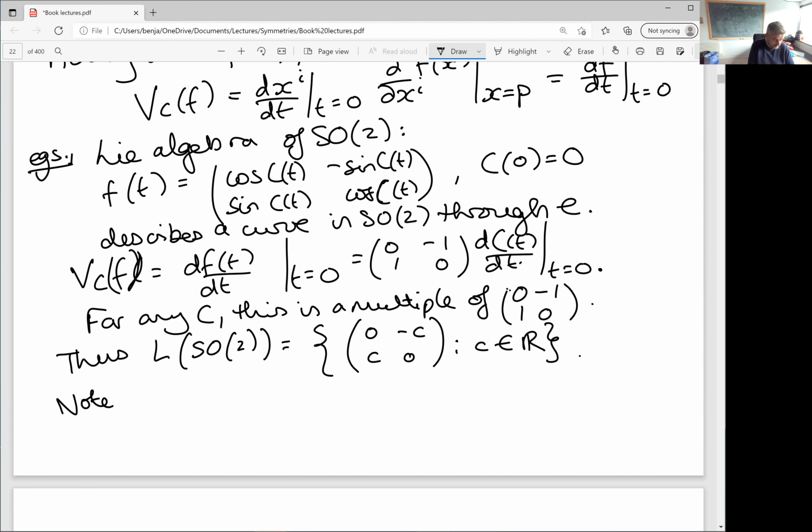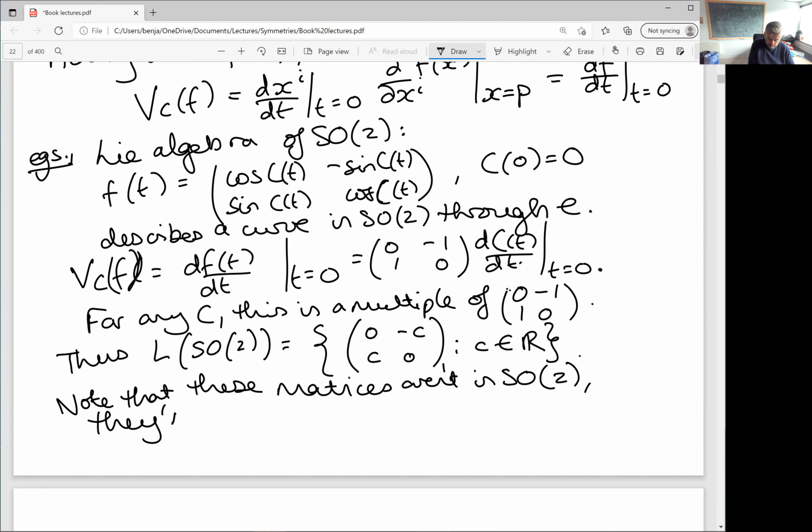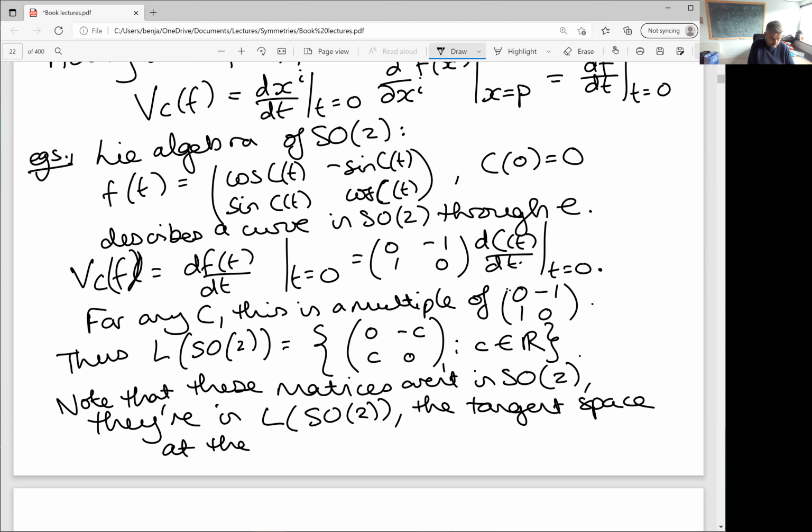So nearly all of these matrices aren't in SO2, they're in the algebra of SO2, the tangent space at the identity.